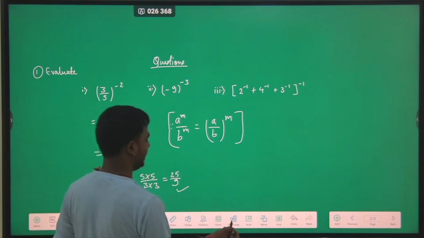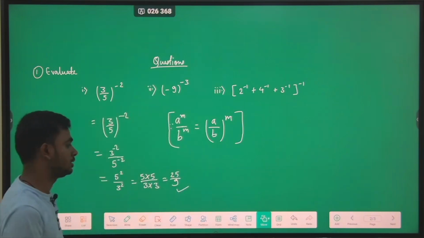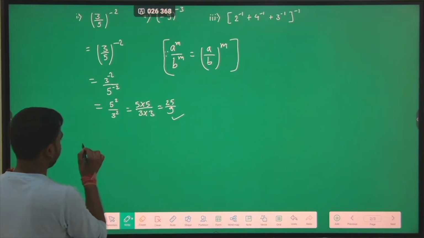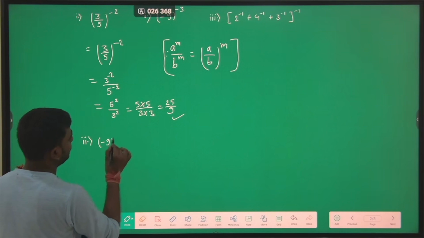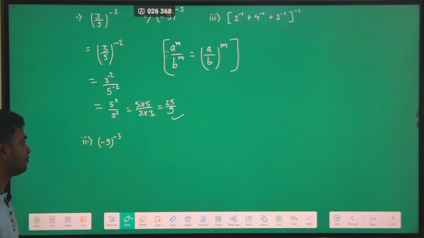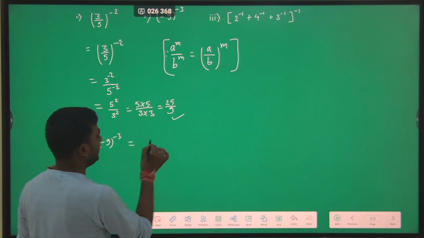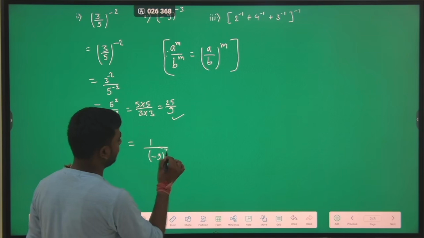Our next question is we have to find the value of minus 9 to the power minus 3. So, what does this mean? It means it is 1 upon minus 9 to the power 3.